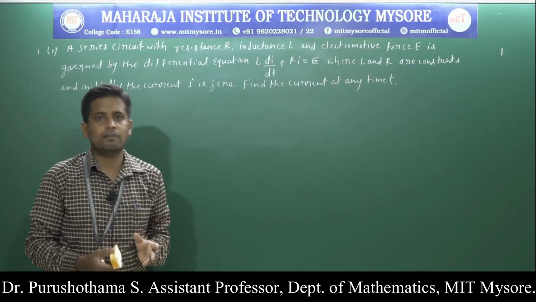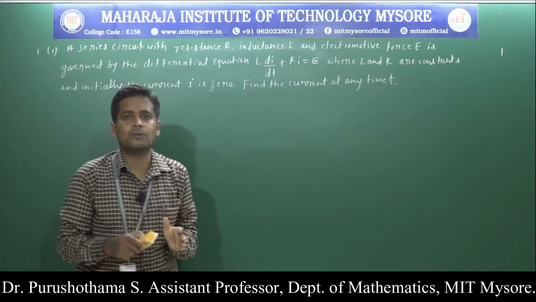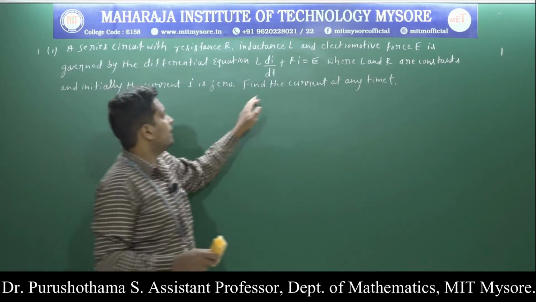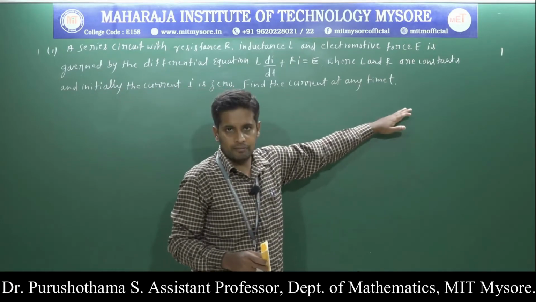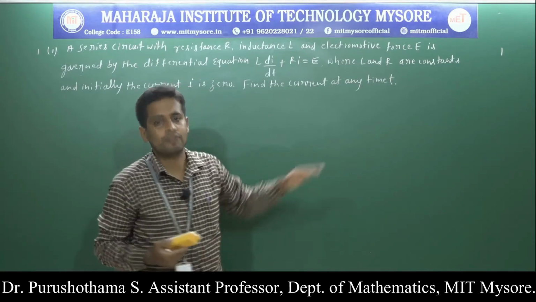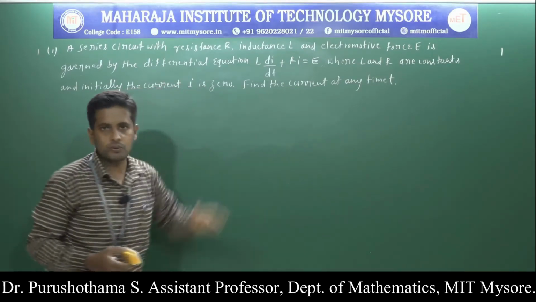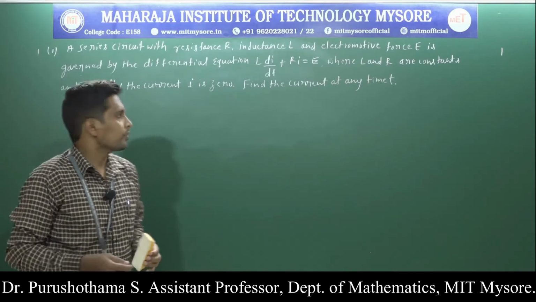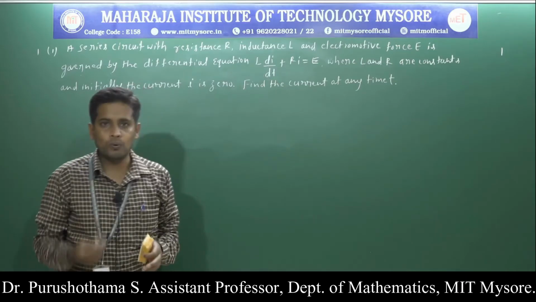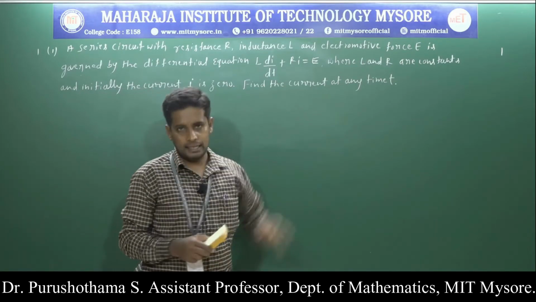When time t is equal to 0, the current in the circuit I is equal to 0. So, using the given data, find the current at any time. Just find the current expression in terms of time. This is the first question in RL circuit. So, using the given data and the given differential equation, find out the current at any time t.